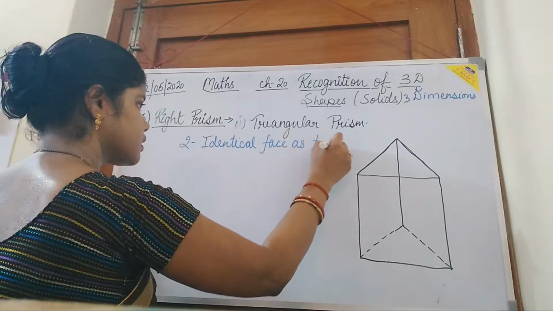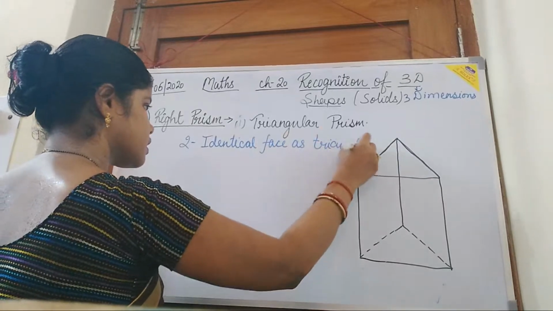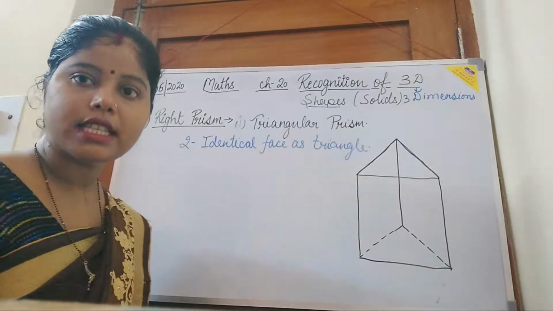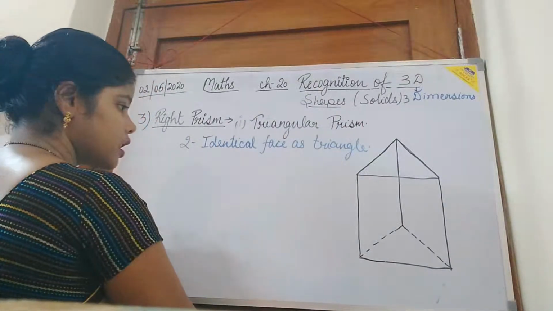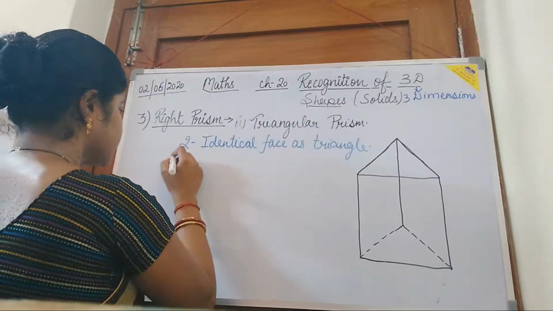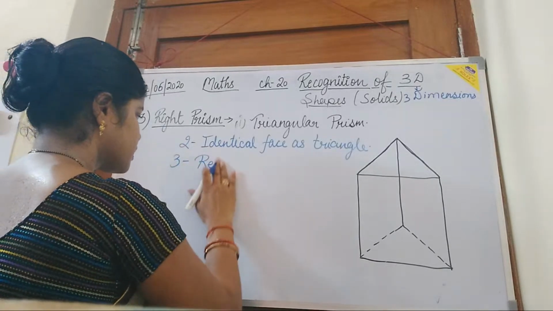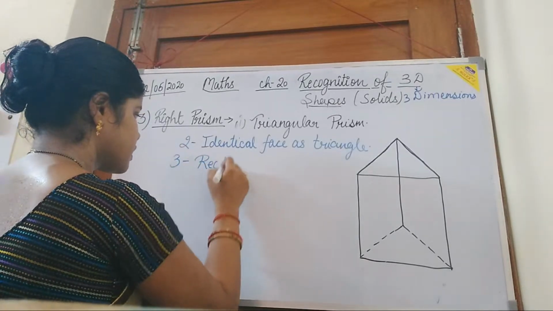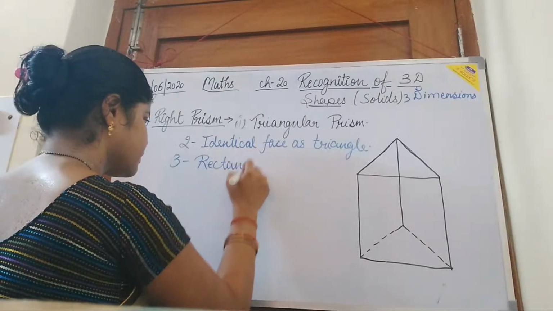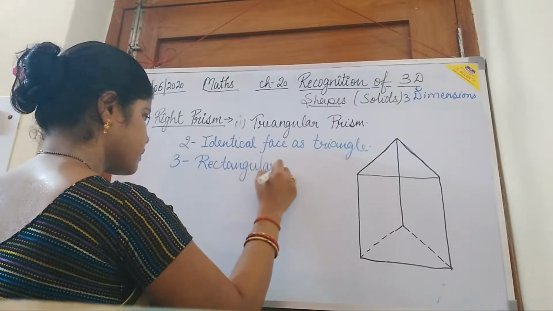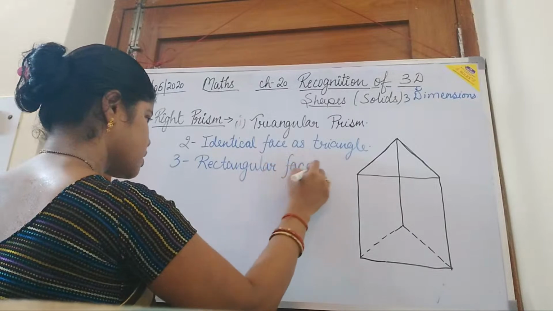Two identical faces as triangles, and three rectangular faces.